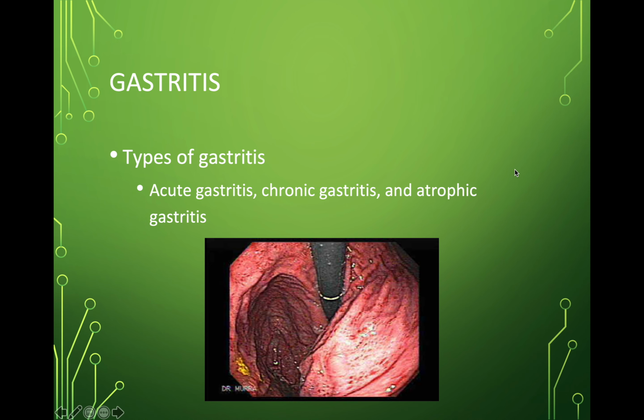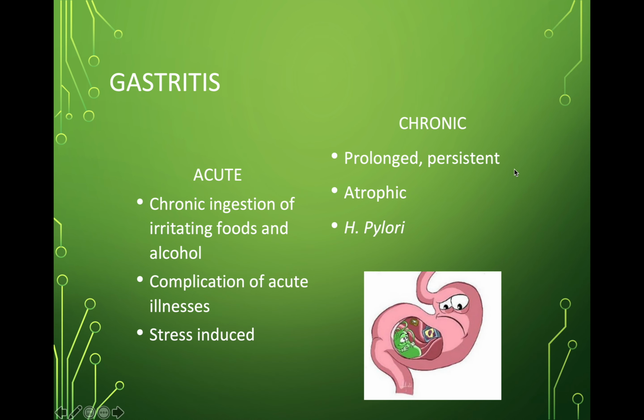if we're not careful. When we talk about acute gastritis, those are situations when we have ingestion of irritating foods, probably over a period of time, and we've just continued to ingest those irritating substances, and we're not allowing for an environment in which the stomach can heal.